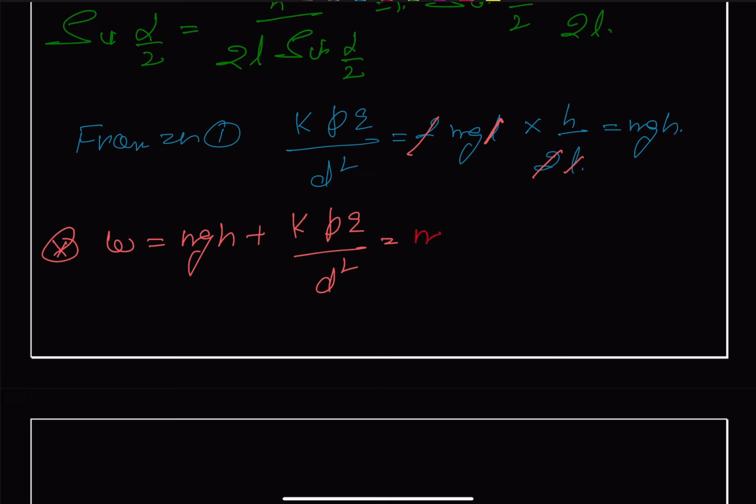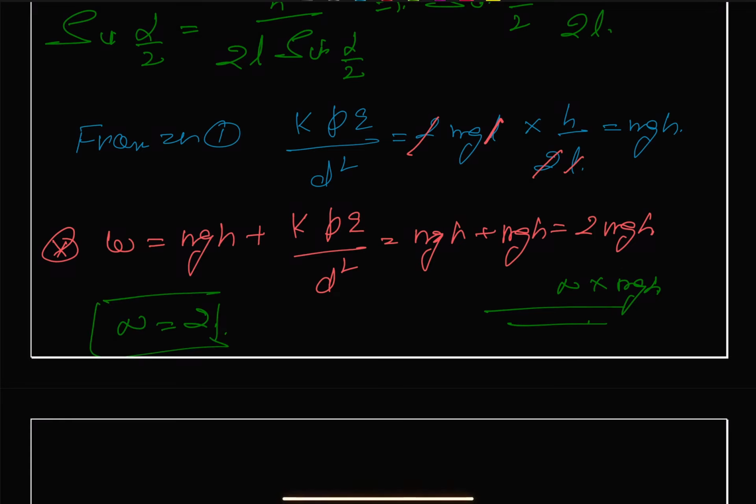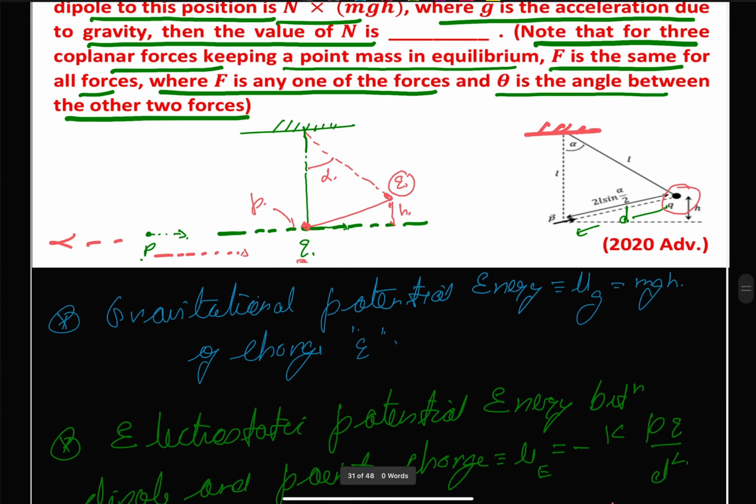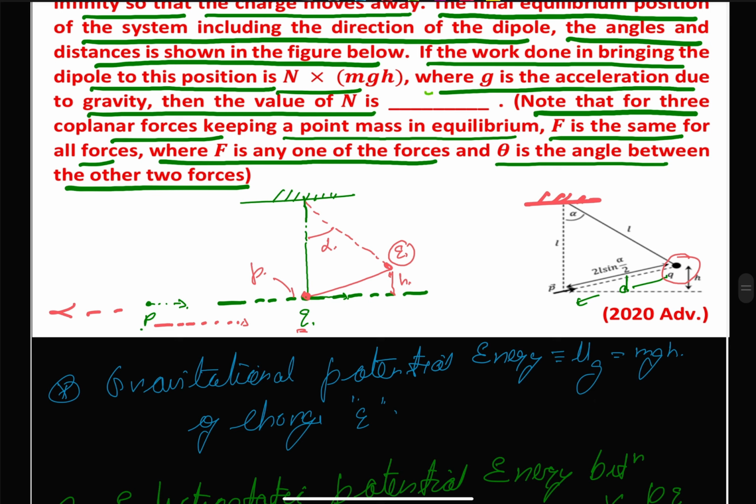So this comes as mgh plus mgh, that is twice mgh, and we are given this as n times mgh. So therefore the value of n is equal to 2.